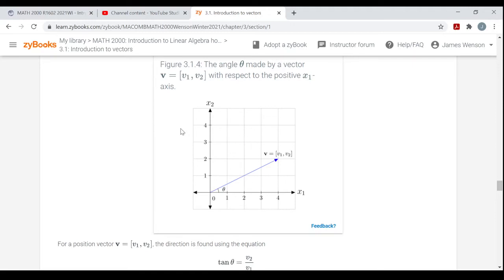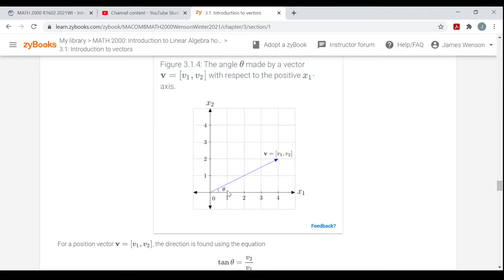Remember there's 1, 2, 3, and 4. This is in quadrant 1, where the x-coordinate and y-coordinate, or the first component and second component of this vector, are both positive. If you look at the right triangle here, you have v1 as the horizontal length and v2 as the vertical length.